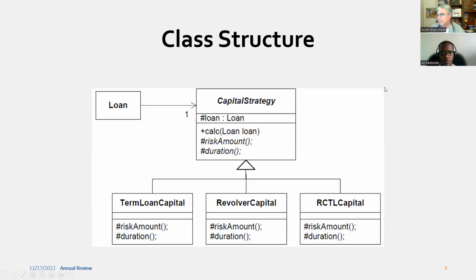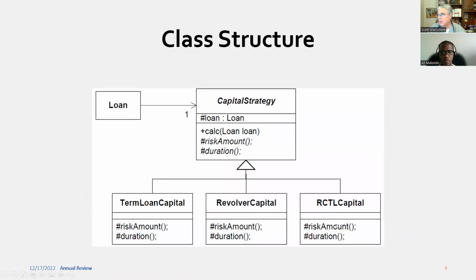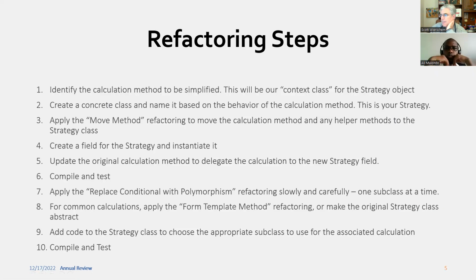But the calc method is not abstract. And then you add the code to your strategy class to choose the appropriate subclass. So however you're going to have it determine which one of these you're going to use. And then of course you compile and test.